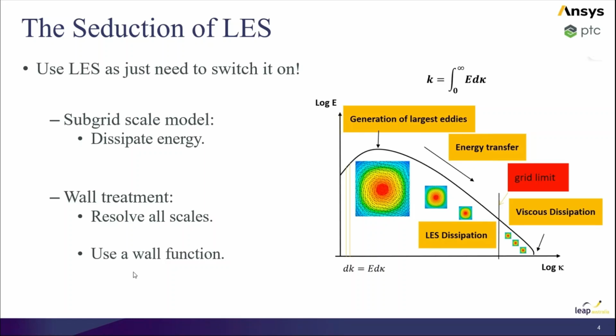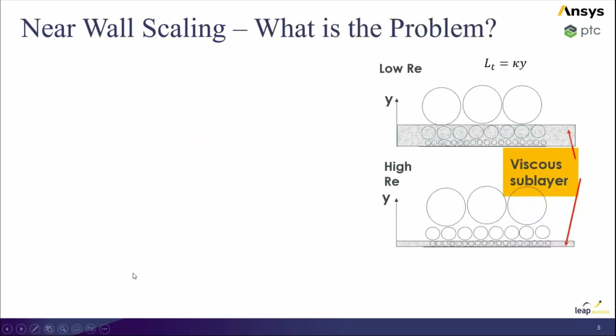So let's have a look at what's going on in there. Why is there a problem? Let's have a look here. We've got a boundary layer. So the horizontal surface is a flat plate here, and we've got a low Reynolds number and a high Reynolds number.